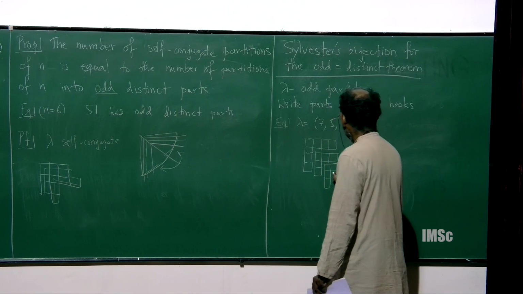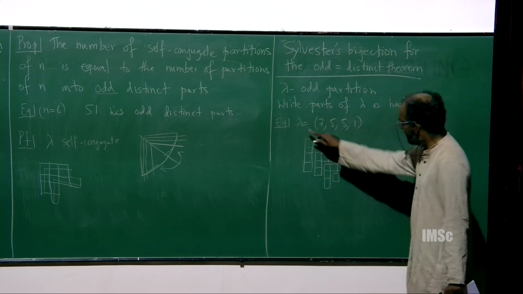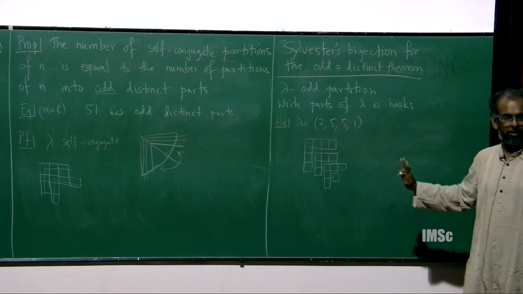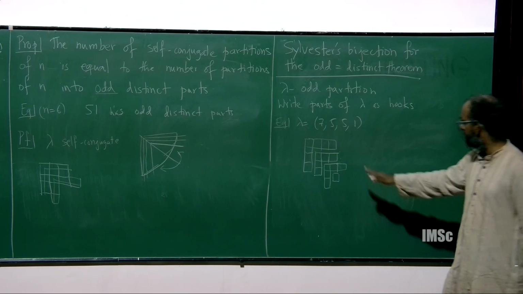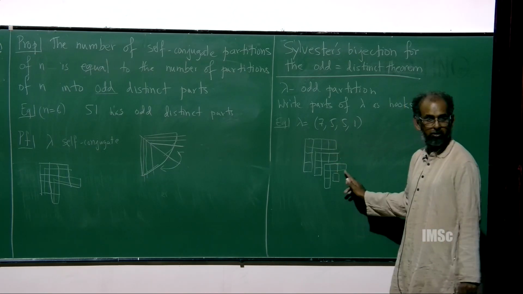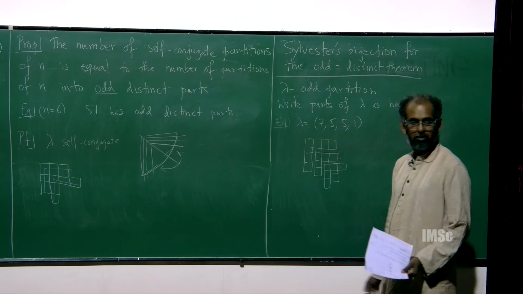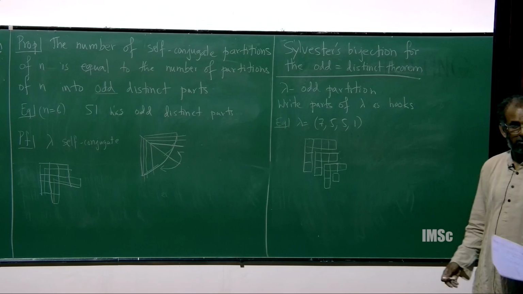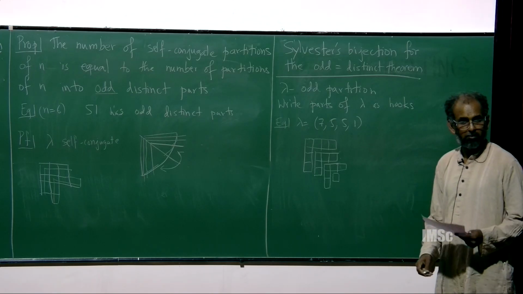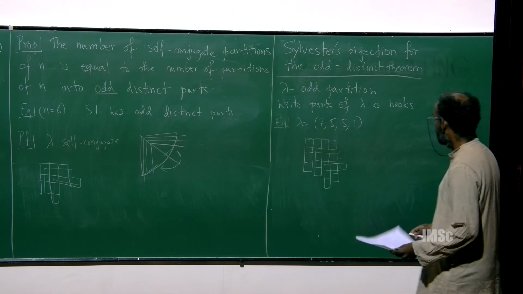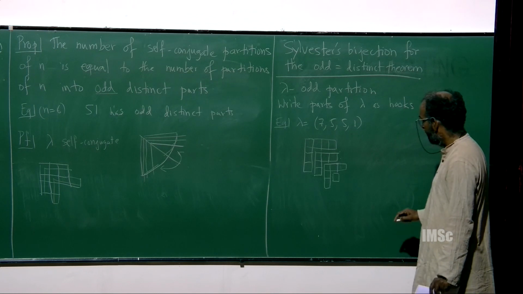And then I have a 1. So if I write it this way, this is not a partition, right? It's clear because there's this extra jutting out here. And anyway, this has nothing to do with distinct parts. We started with an odd partition, I want to construct distinct parts. So Sylvester had this beautiful idea.